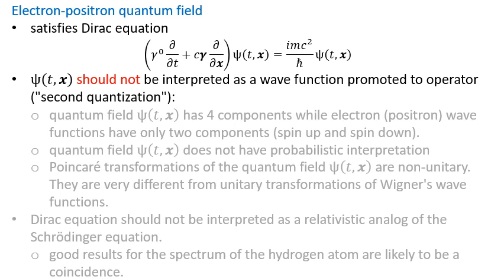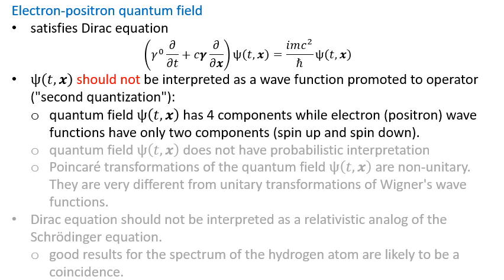I would strongly advise you not to use these interpretations. Quantum fields and wave functions have nothing in common, except probably for the misleading notation in which both these objects are denoted by the same Greek letter psi. Indeed, the electron-positron quantum field has 4 components, while the electron or positron wave function has only 2 components, spin up and spin down.